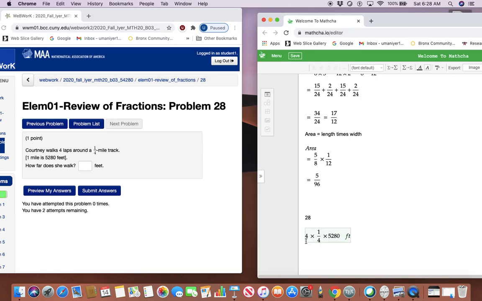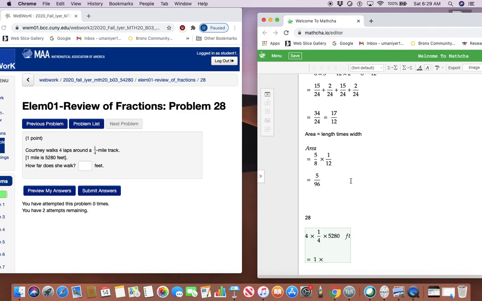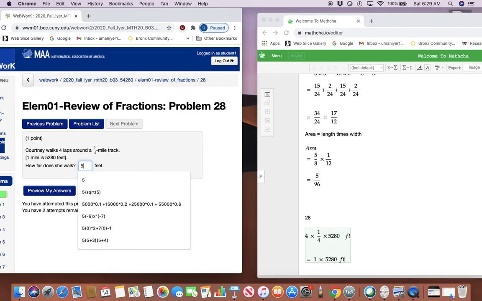This 4 for the 4 laps, this for the 1/4 mile track, and this for each mile being 5280 feet. I'm going to multiply all this, but you notice 4 times 1/4, that 4 is going to reduce that 4. So it's going to give me simply 1 times 5280 feet. So how far does she walk? 5280 feet.